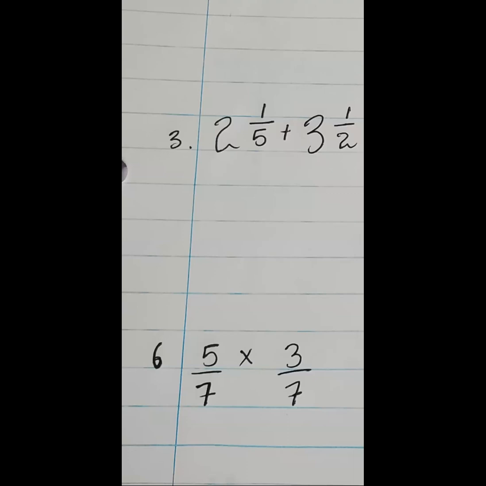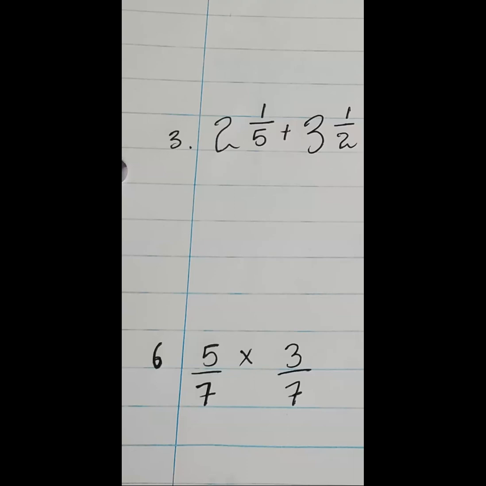Anybody with a different answer for question 6? Right. So for question 6, your answer is a bit off, and this is why. Whenever we're multiplying fractions, we multiply the denominators with the denominators.